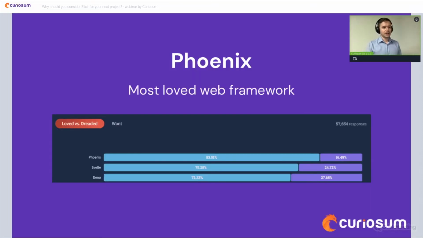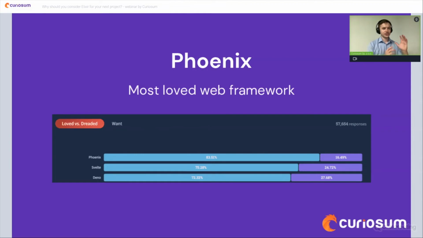And in addition to that, in the Elixir world, you have the Phoenix web framework that is used to create web applications. And a lot of generators are there, a lot of things that improve the process of creating a web application. And Phoenix was named as the most loved web framework. And as you can see here, the second one and the third one was not even close.